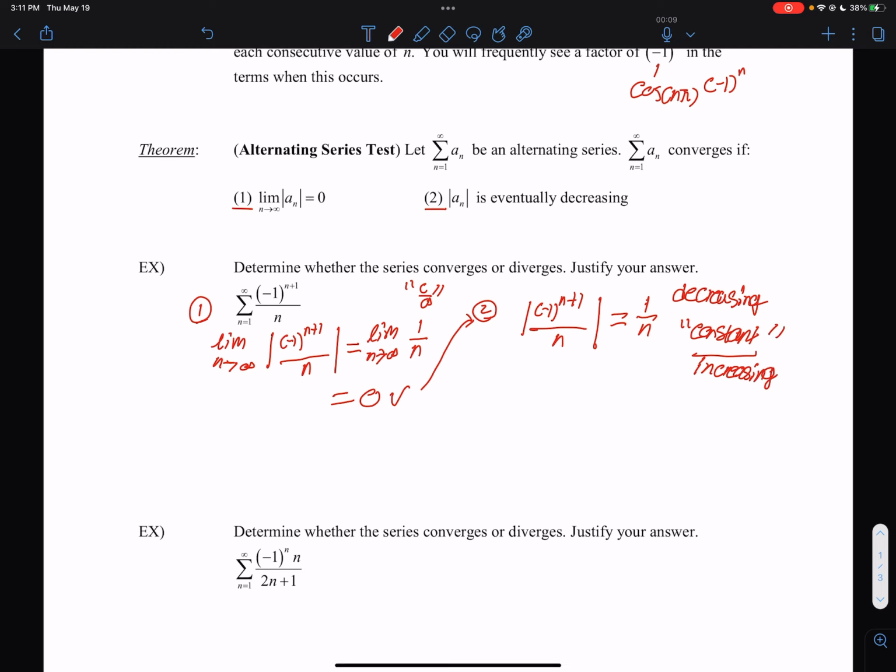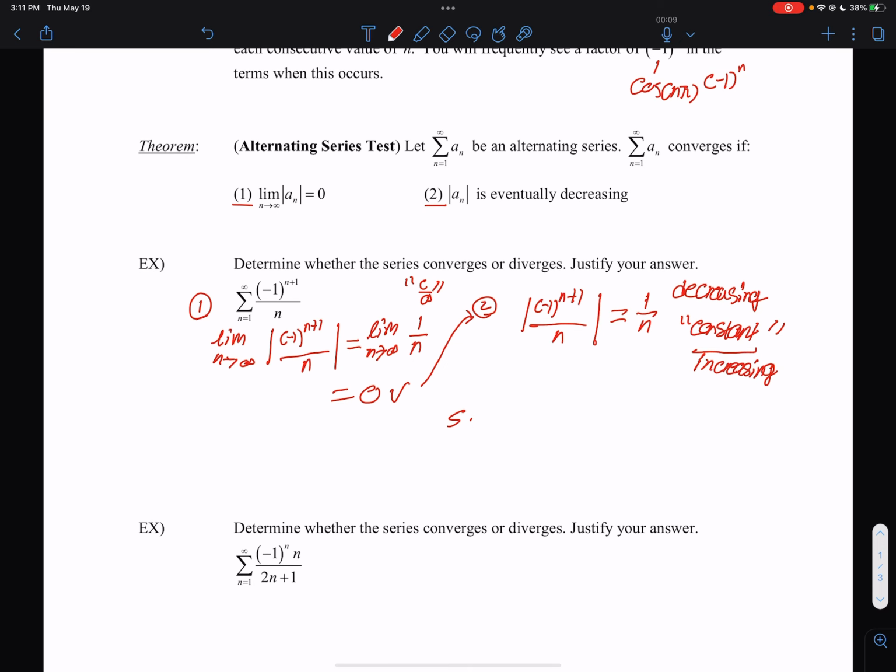So the second condition also applies. Therefore, we can conclude that this series converges by the alternating series test.